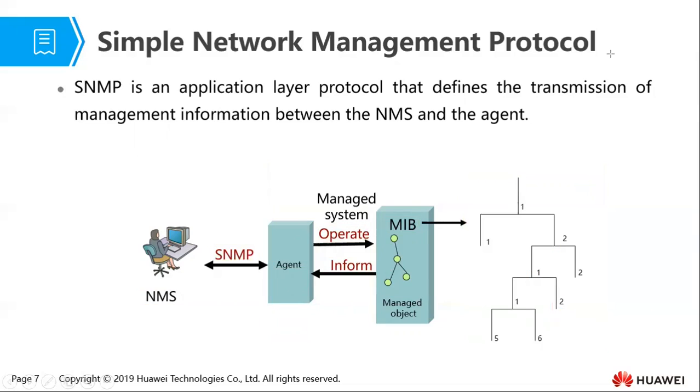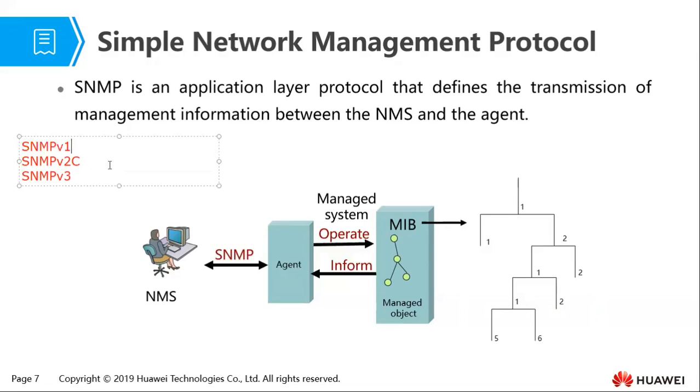Now, SNMP has evolved over several versions. So we have SNMP version 1, we have SNMP version 2C, which is the one that is commonly used, and the latest version, version 3. While SNMP version 1 is easy to implement, the problem with it is security.